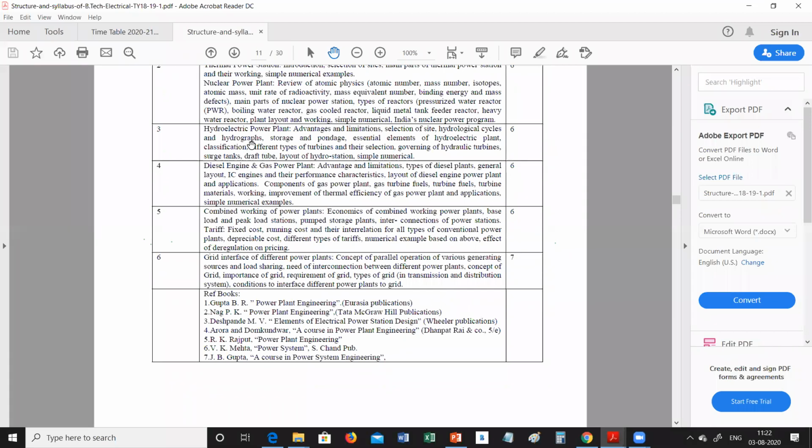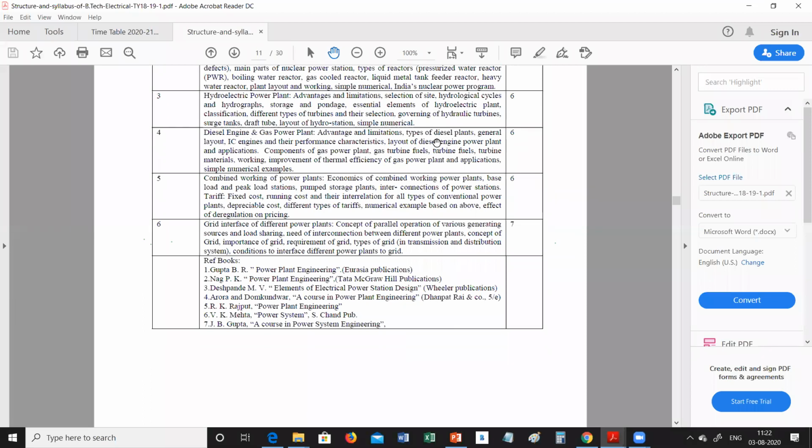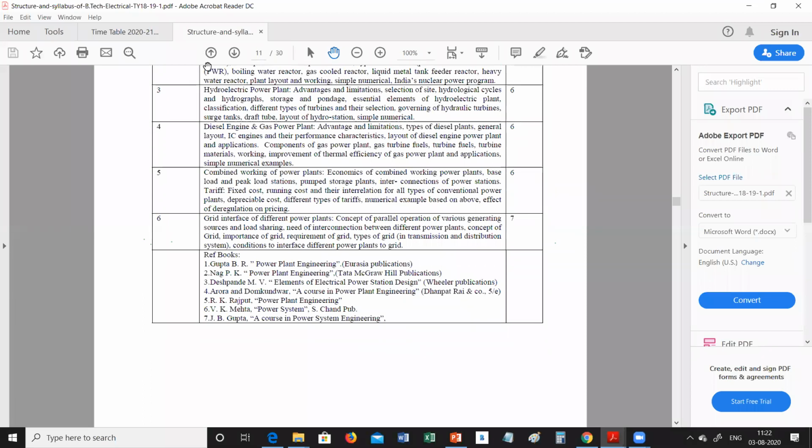The third chapter is the hydroelectric power plant. In our vicinity there are a lot of hydroelectric power plants like Koyna, Chandoli, Radhanagari, Dhom, Kaner. You are familiar with these names if you read newspapers daily. We will see those in chapter 3.